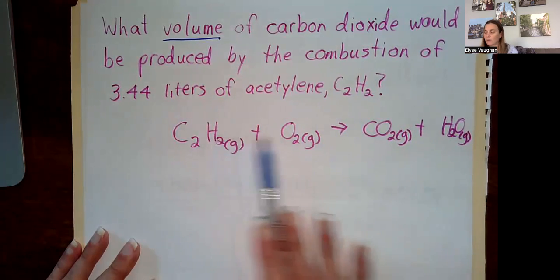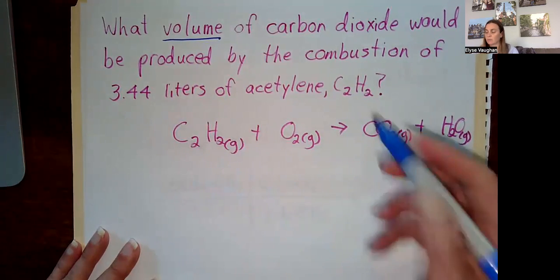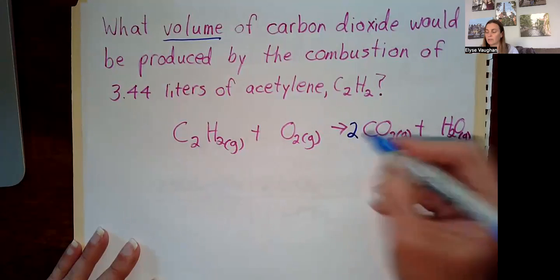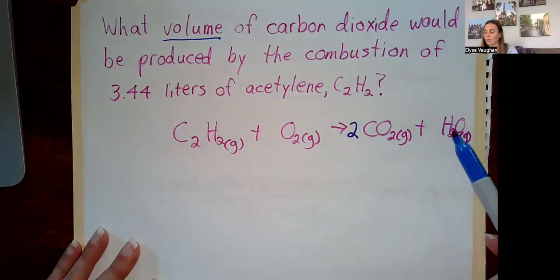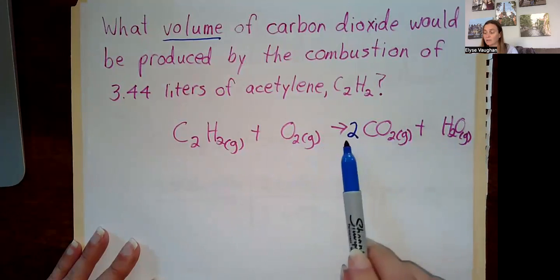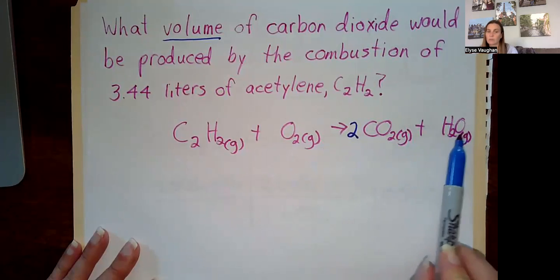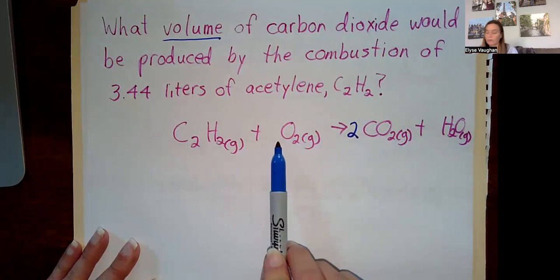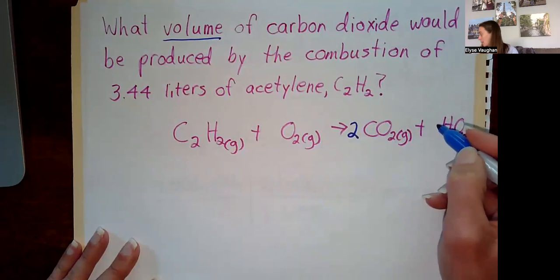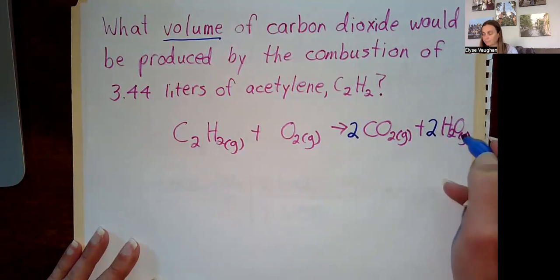So I have 2 hydrogens and 2 hydrogens, but I have 2 carbons here, so I'm going to need to put a 2 right here. So now I can see that that isn't going to work because I have 4 oxygens plus 1 is 5. So that's not going to work with an O2 over here. So I'm going to come back and put a 2 in front of my water. That's going to give me 4 hydrogens.